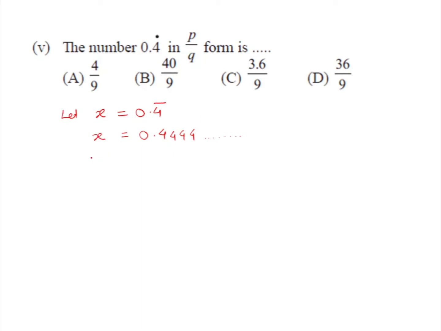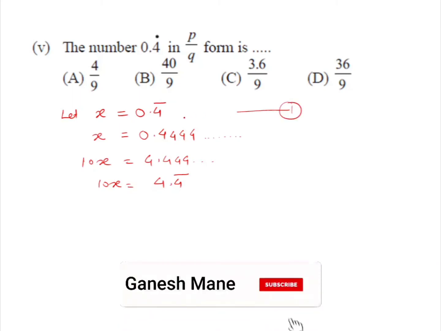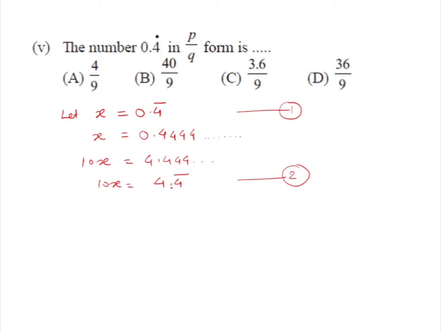Now if we multiply both the sides by 10, if we multiply 0.444 and so on by 10, we get 4.4444 and so on. That is 10x must be equal to 4.4 recurring. Now we have these two equations, equation 1, x is equal to 0.4 recurring, and equation 2, 10x is equal to 4.4 recurring.